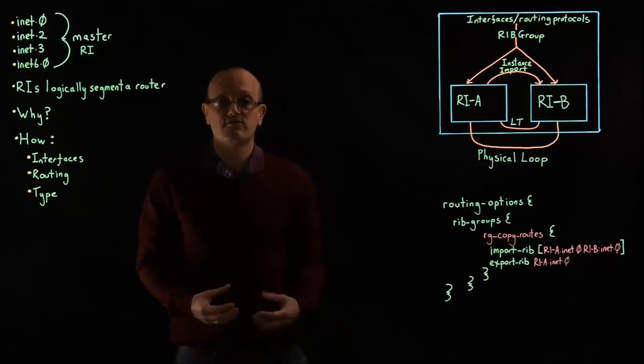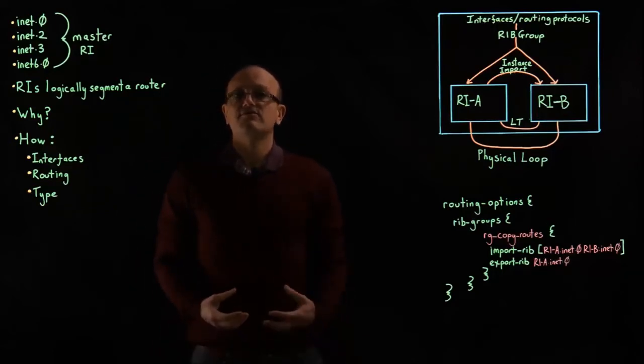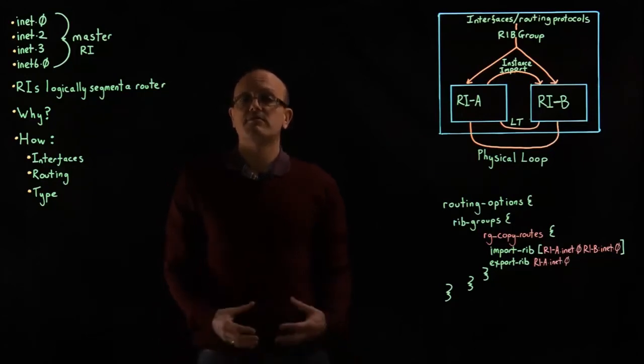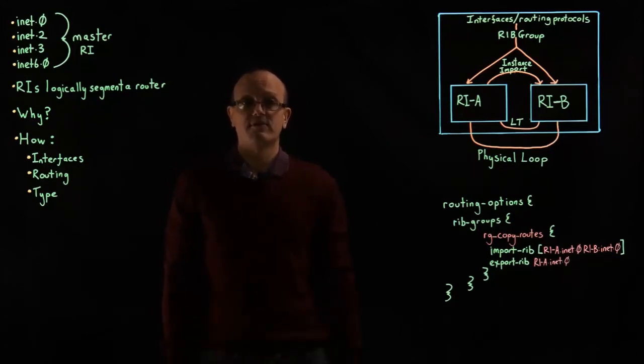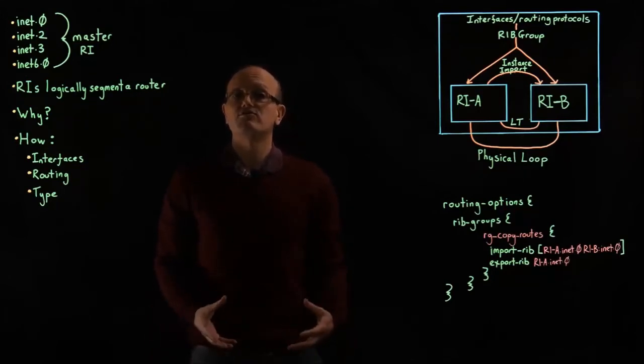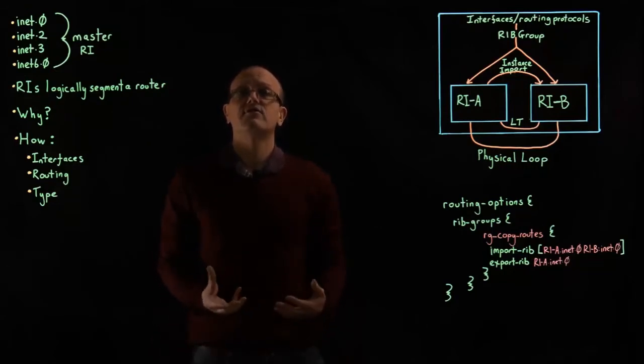So some of these reasons would be, say we are a service provider and we have multiple customers and we want to provide routing to those customers, but we want to keep those customers separate from each other. And we can use routing instances to do that. We could also have different services.